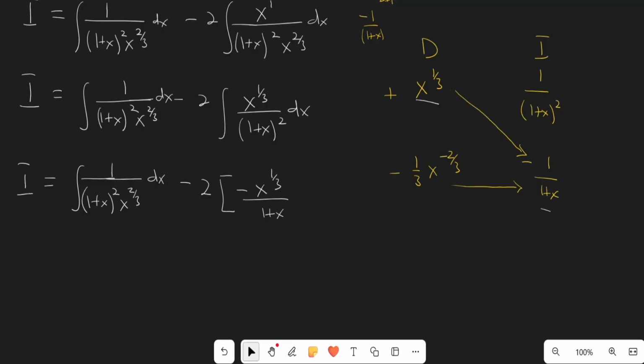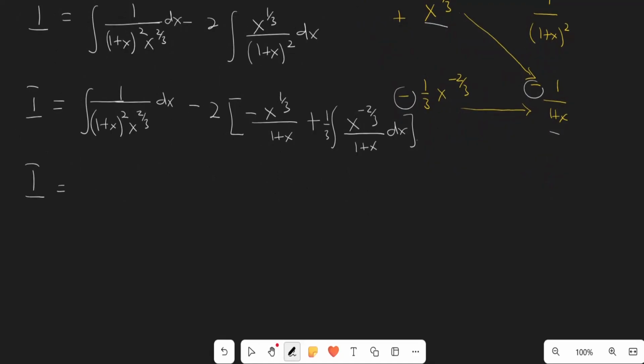Then multiplying terms horizontally, we have to take the integral. Negative times negative becomes positive: the integral of 1/3 outside, x to the power negative 2/3 over 1 plus x dx.